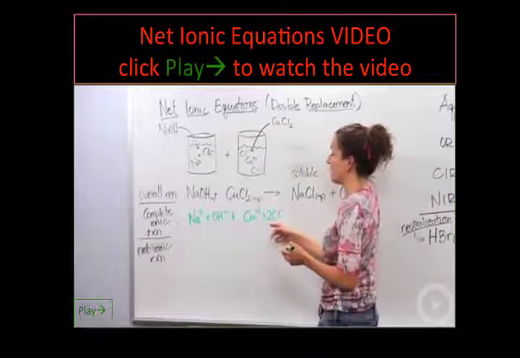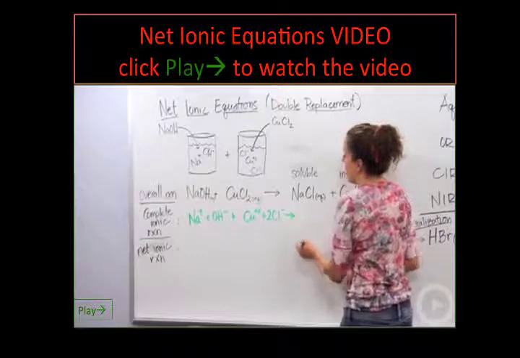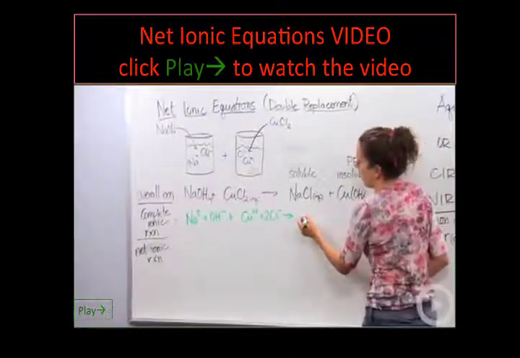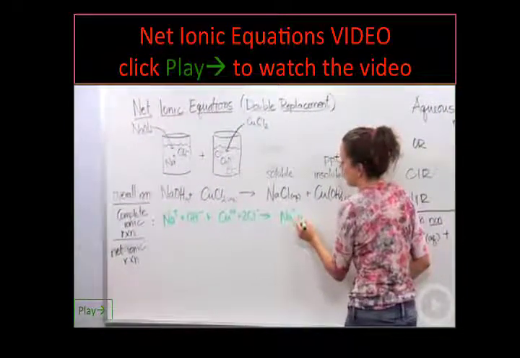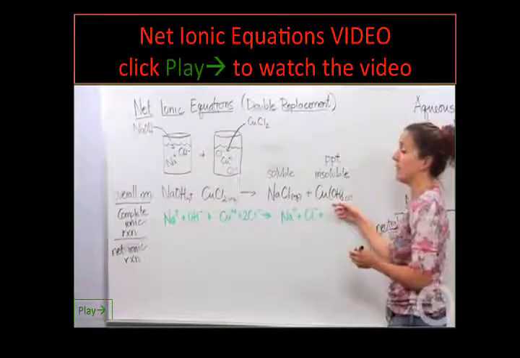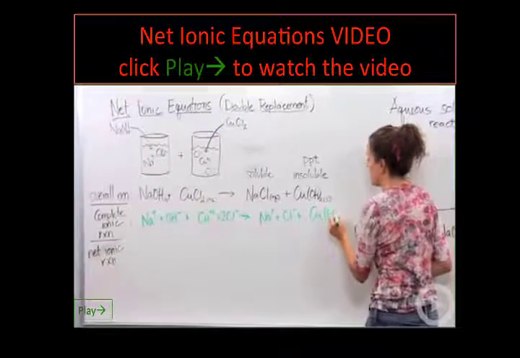This 2 comes out; we have 2 of these guys, 2 chloride ions. It's going to produce salt, which we said is soluble. It's in an aqueous solution, so it's going to be broken up into its ions, Na+ and Cl-. And this is a solid, so it stays together. We're going to say it's Cu(OH)2.